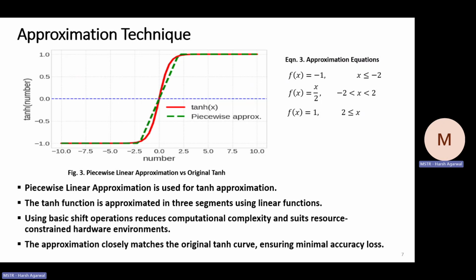When we do so, we make this model very resource constrained, environment friendly, so it is easier to deploy on FPGAs. The graph shows that the approximation closely matches the original tanh curve, so the loss of accuracy is quite minimal for us.